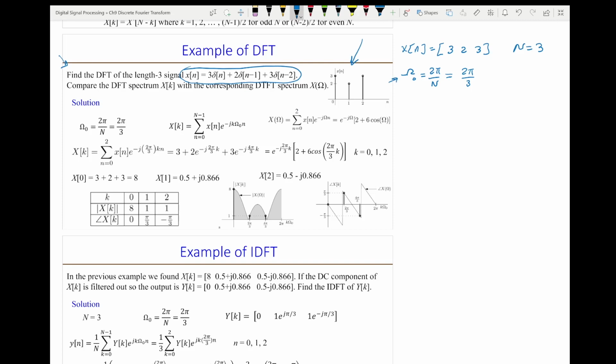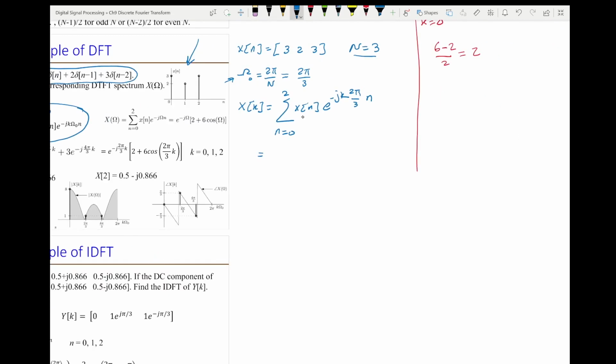Now x of k is this. So that means x of k equals the summation, n goes from 0 to n minus 1. I have here n is 3, so 3 minus 1, that's 2, of the signal times e to the minus jk omega 0 n. I found omega 0 to be 2 pi over 3. When n is 0, x0, and here is 0, plus. When n is 1, plus.